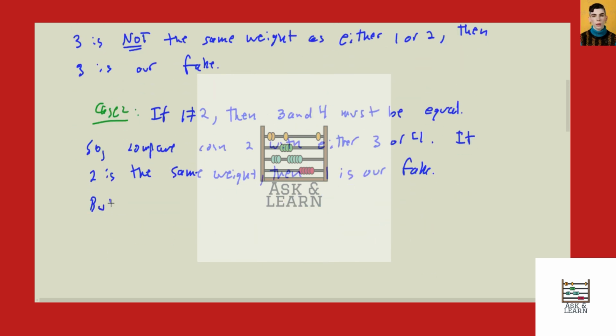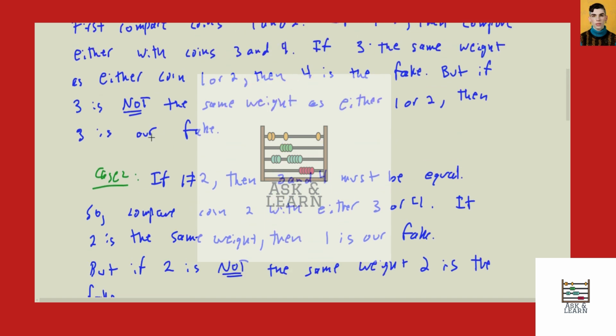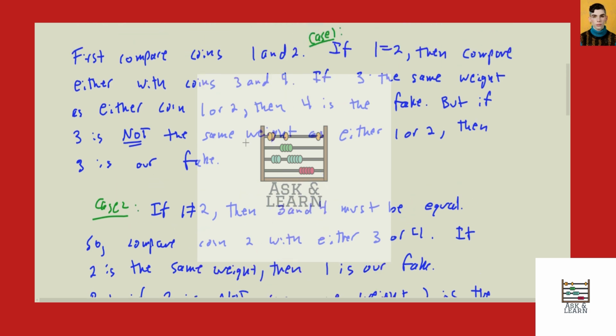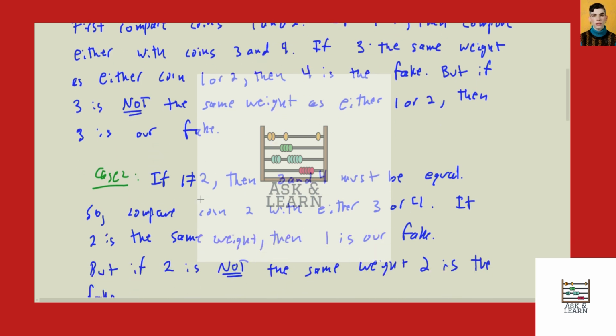But if 2 is not the same weight, 2 is the fake. So that would be our algorithm. And if you want, you could write this a little bit more computer sciencey, but I feel for the most part this gets the algorithm's point across.